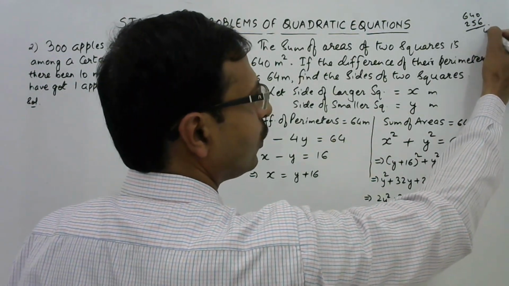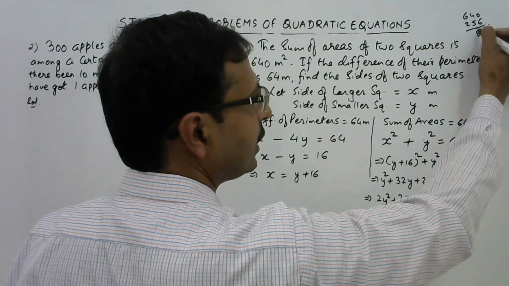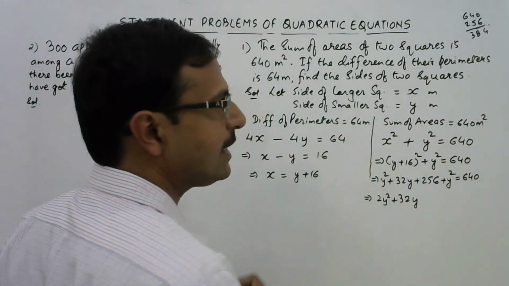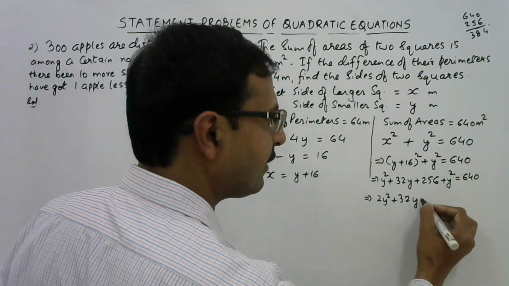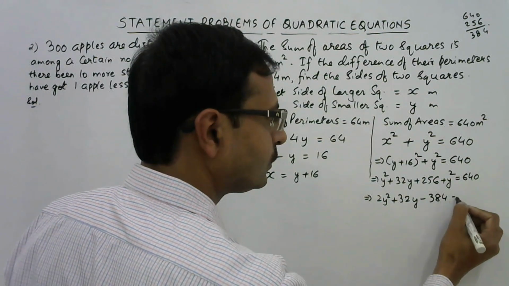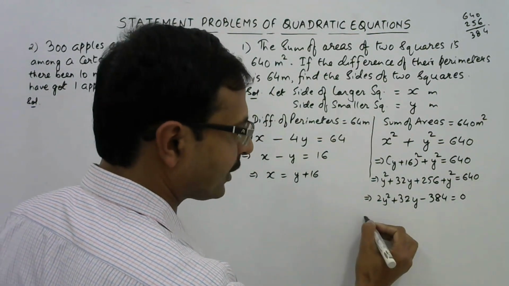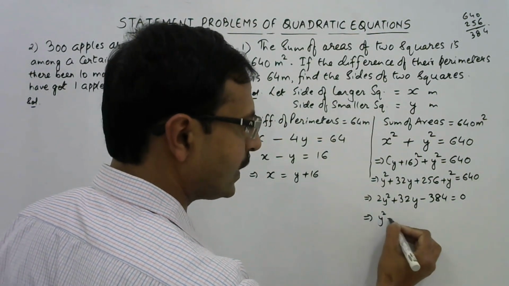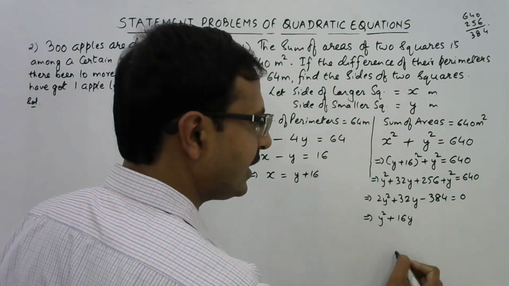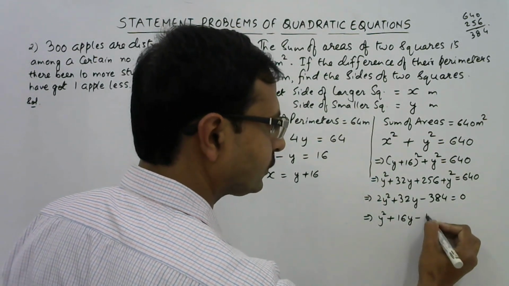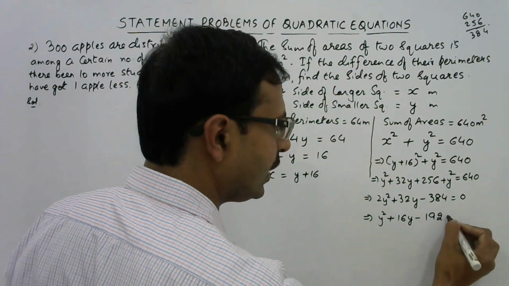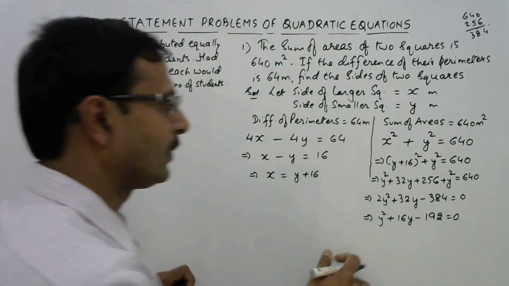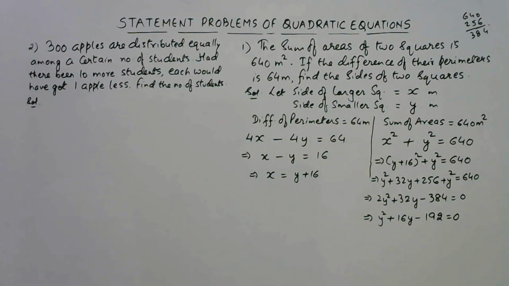This will be 384, which will be negative. So you can cancel the common factor 2 from here: y square plus 16y minus 192 equal to 0. Now see, this is a quadratic equation, y square plus 16y minus 192 equal to 0.